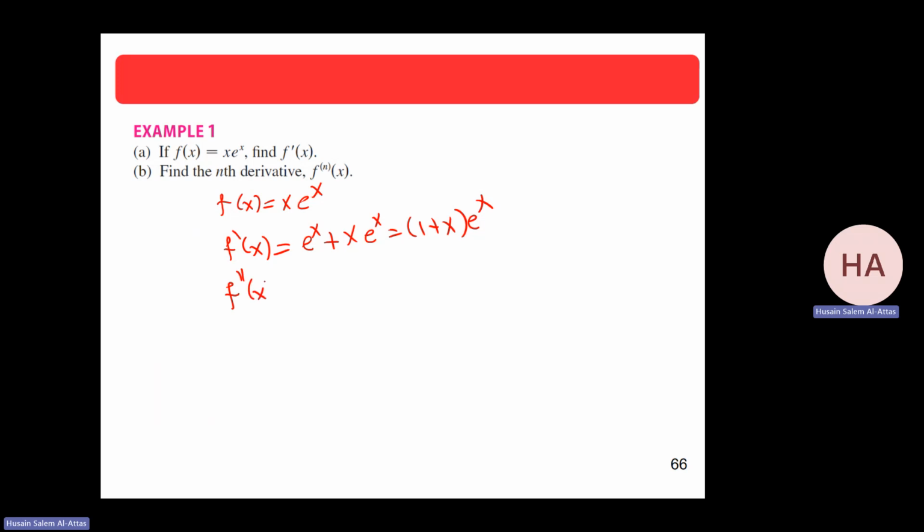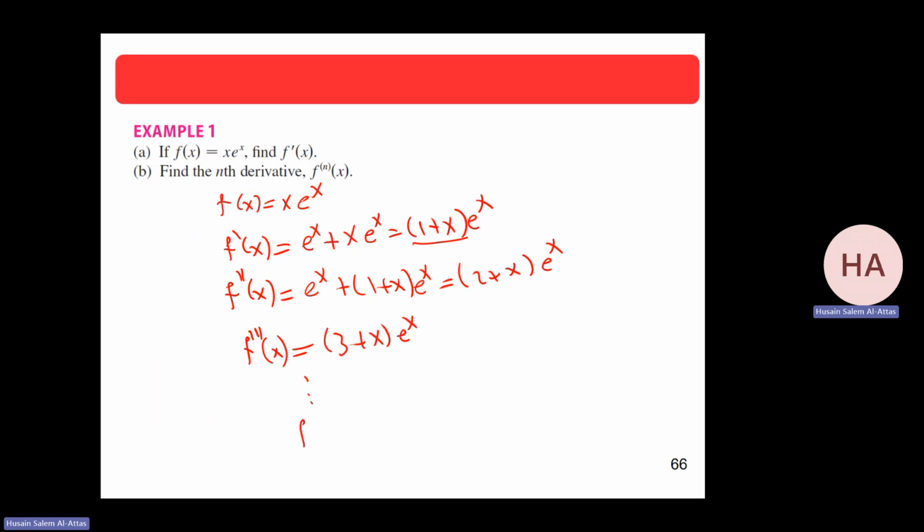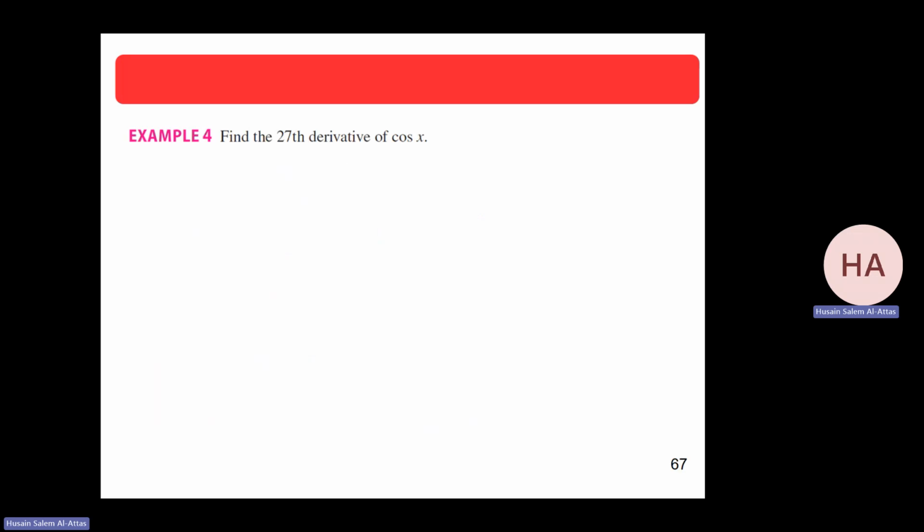Second derivative, that will be derivative of this, which is 1 times the second, times the 1 plus x, derivative of this, e to the power x, which is 2 plus x, e to the power x. The third, if you do the calculation, you get what? 3 plus x, e to the power x. So the n-th derivative will be n plus x, e to the power x. That will be the n-th derivative.